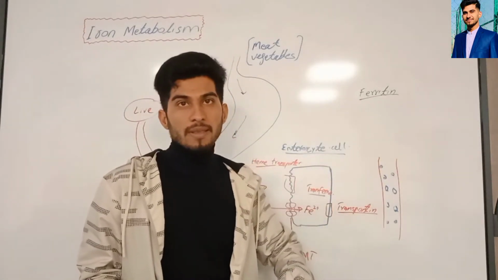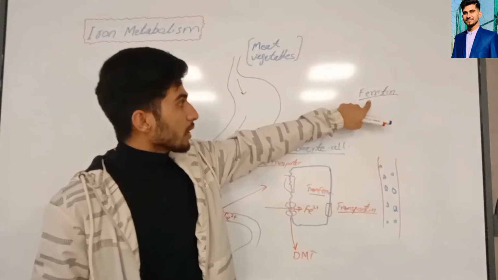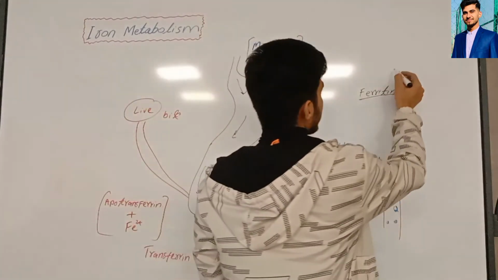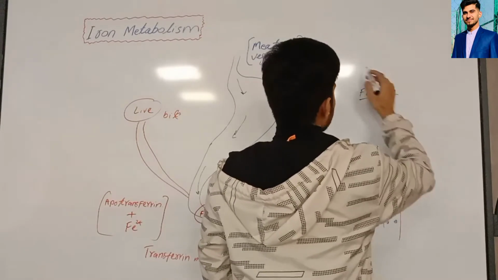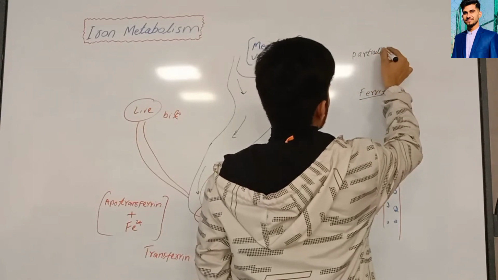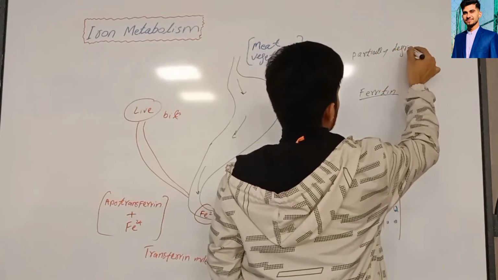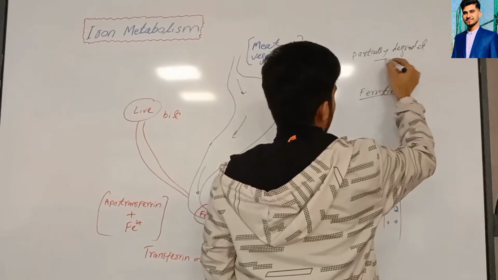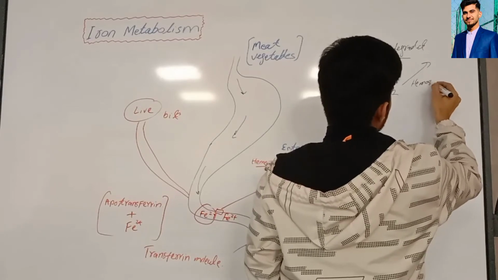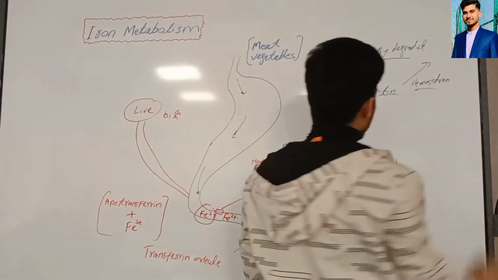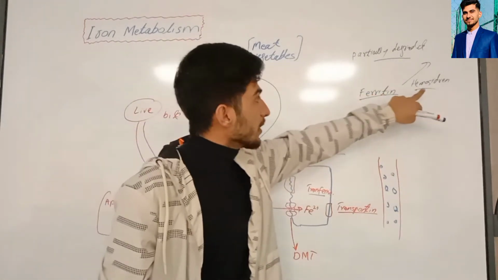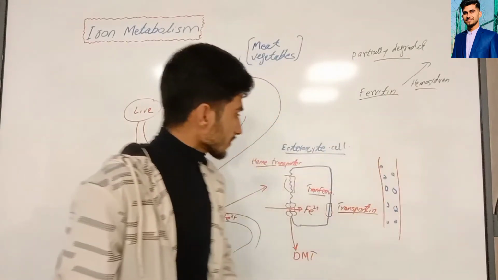And if this ferritin molecule is partially degraded, then it will convert into hemosiderin.